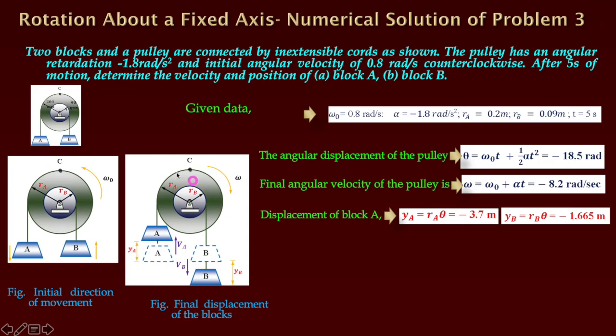The same displacement is there for block A, as it is connected with an inextensible cord. So for block A, displacement is RA theta. This is the value of theta and this is RA. So finally it is minus 3.7 meters.